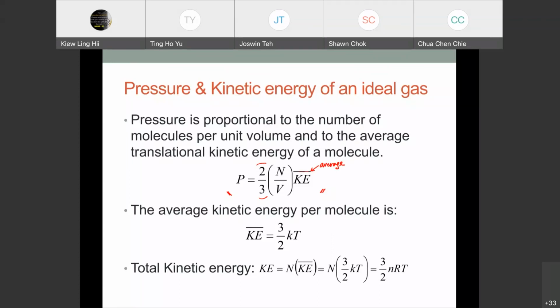The bar sign on top of KE is the average kinetic energy. So we know that the pressure is proportional to number of molecules per unit volume. Number of molecules is big capital N, right?